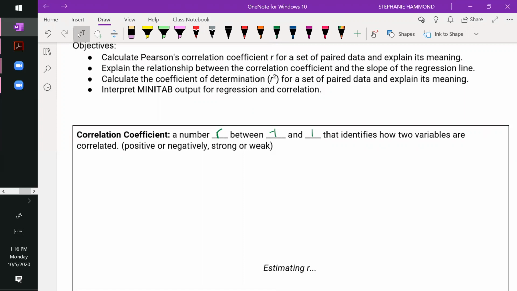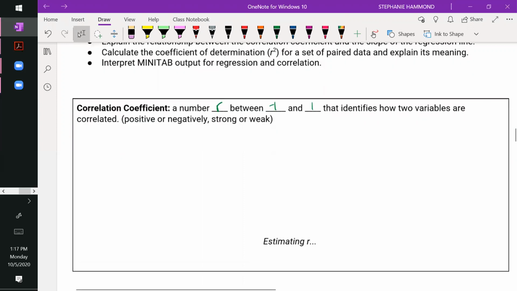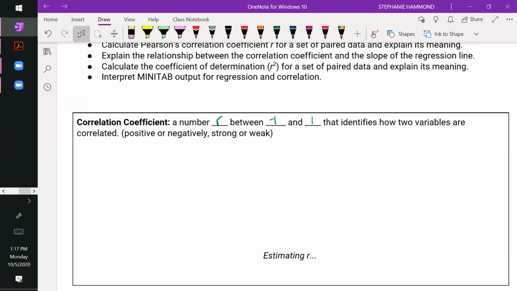The correlation coefficient, R. The first thing we're going to do is actually just estimate it. There's a way we can calculate it, but if you're given a scatter plot and you're just asked to estimate what you think R might be, which we did in Algebra 2, this is what you would do. I'll give you an array of different possibilities for different scatter plots.